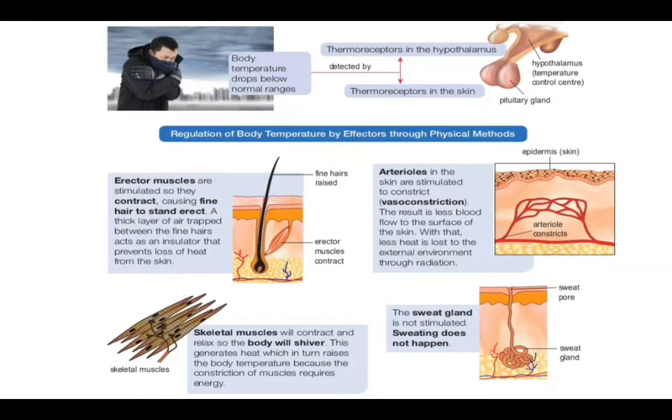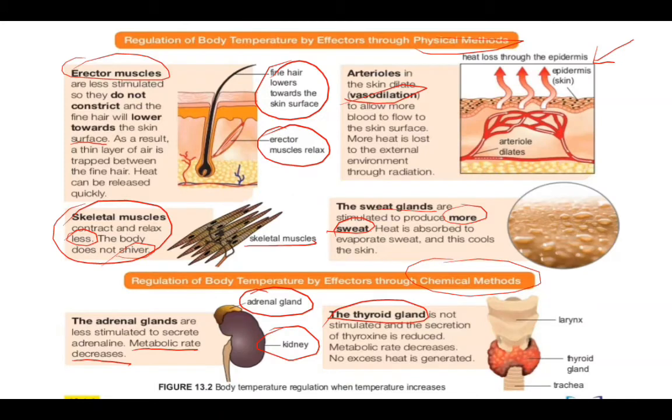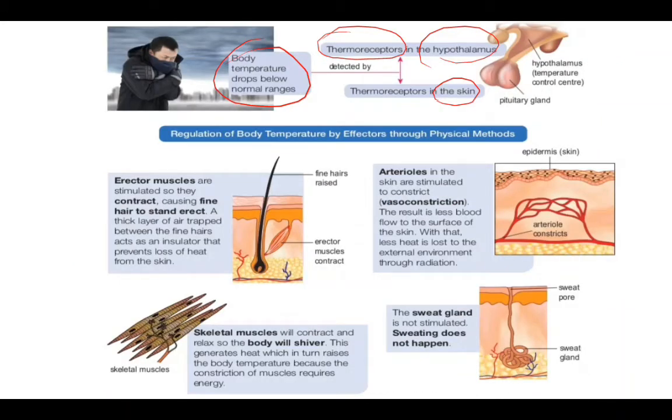Okay, yang ini pula apabila our body temperature drops below normal ranges. So sama juga detected by thermoreceptor in the skin and also in the hypothalamus. Okay, so what happened di sini dia terbalik daripada yang tadi. Sebab ini kita punya body temperature drops below normal. So erector muscles are stimulated.